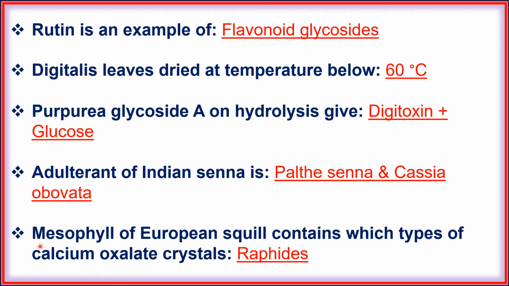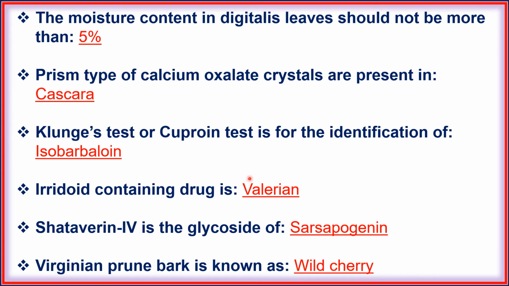Next, mesophyll of European squill contains which type of calcium oxalate crystals, that is raphides. Next, the moisture content in Digitalis leaves should not be more than 5%.